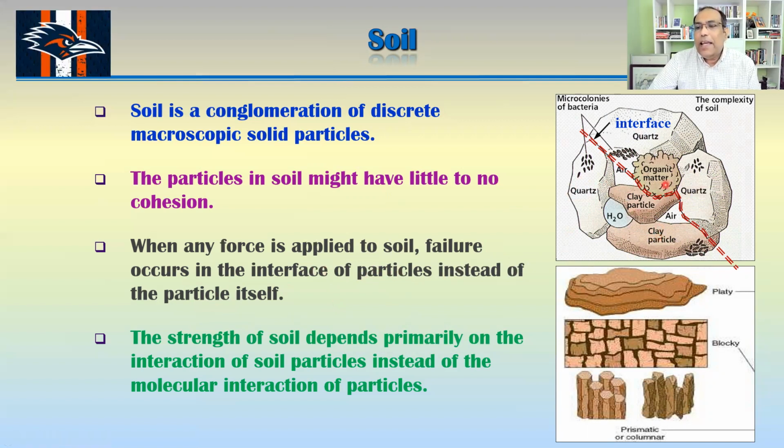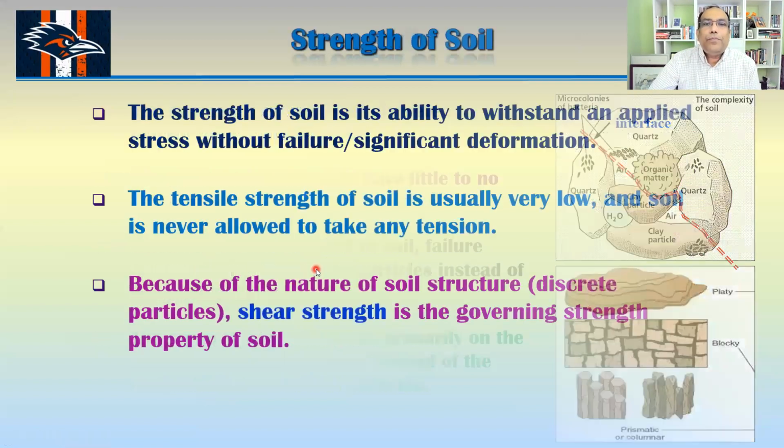What will happen is that the interface, in that line you can see here, they will just slide over each other, okay? So that's basically the failure mechanism for soil. So the strength of soil depends primarily on the interaction of the soil particles instead of the molecular interaction of the particle itself. Okay, so how tightly they are held to each other. That's basically the soil strength.